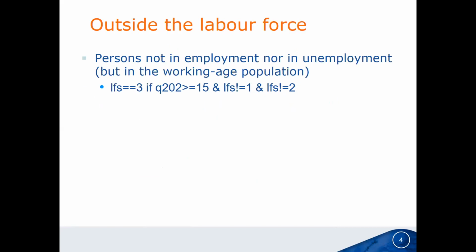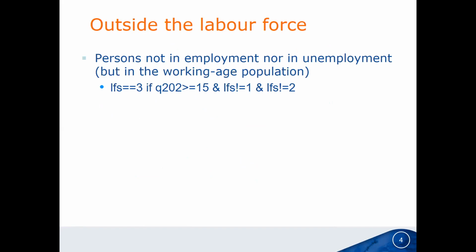And so the third category, again because of the priority rules, is actually the easiest category to define. It's persons who are outside the labor force, and it's everyone who is not in employment nor in unemployment, because everyone who is in the working age population has a labor force status. So you are either employed, unemployed, or outside the labor force.